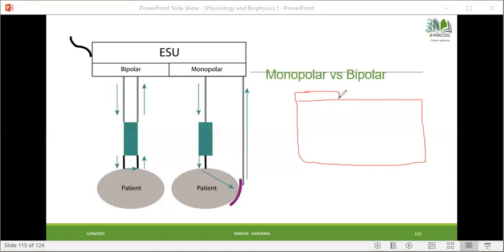So it's according to the voltage. Now we are talking about diathermy. Diathermy means I'm going to convert this electricity to heat. How? I'm going to use a device called an electrosurgical unit.